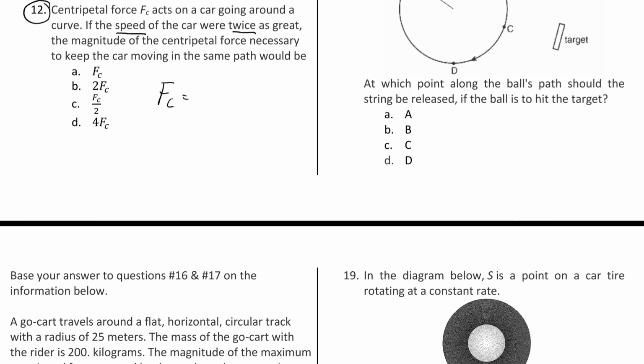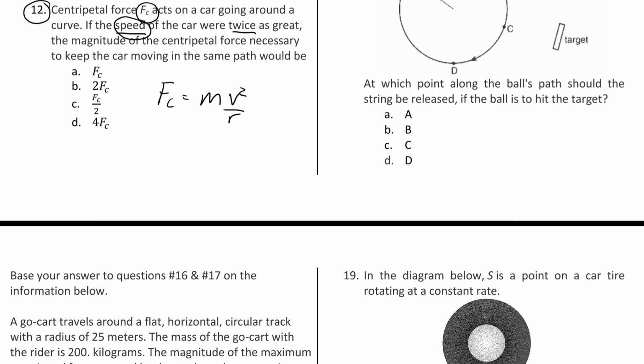The centripetal force is equal to the mass times the acceleration, but the acceleration is equal to v squared over r. So we want a relationship between the velocity and the force. Anytime we see an acceleration, we're going to plug in v squared over r. And that's our equivalent equation there.